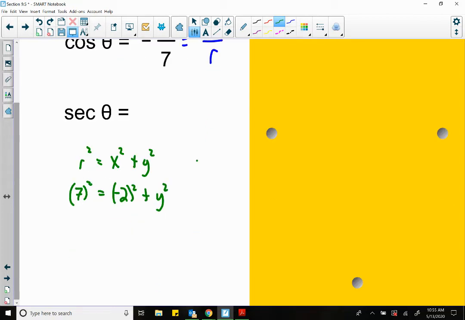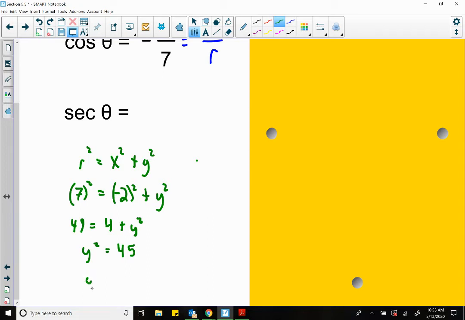And so this gives me 49 equal to 4 plus y squared. So y squared is equal to 45.